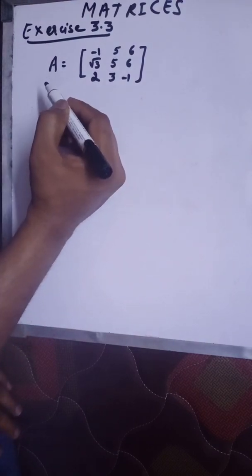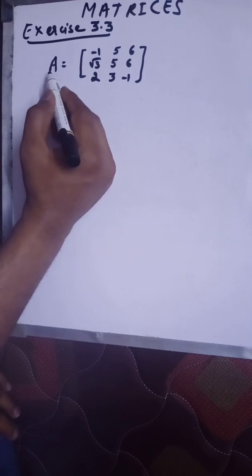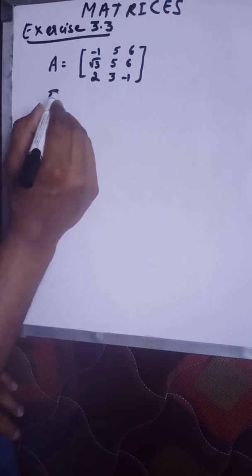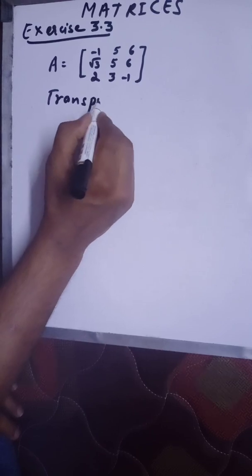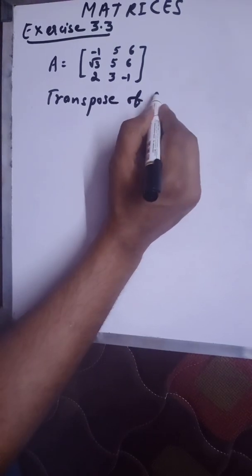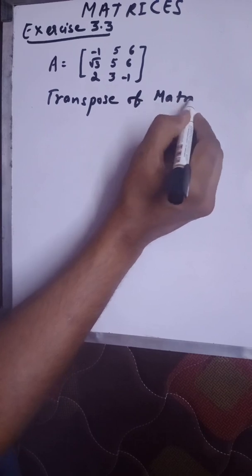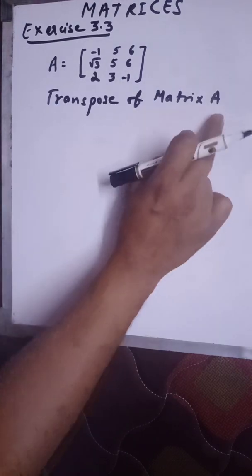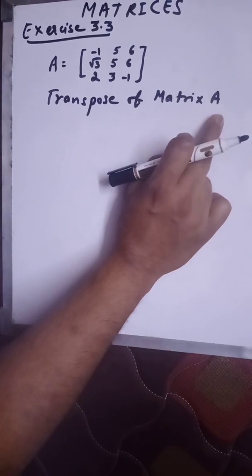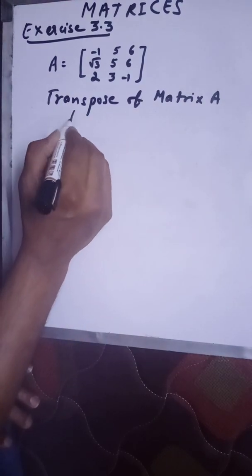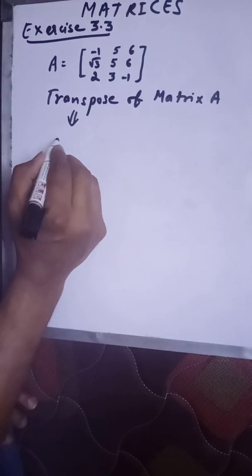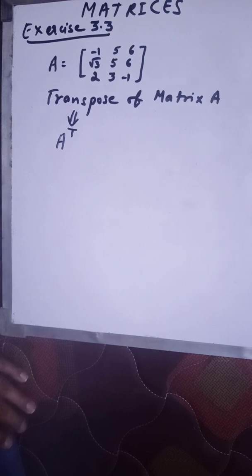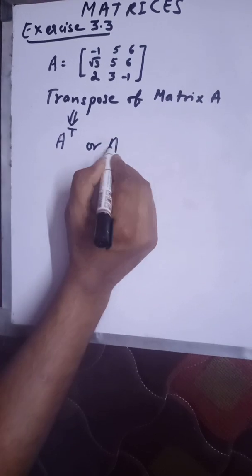So first of all, suppose A is a matrix, any matrix, and we have to find out the transpose of matrix A. Transpose can be represented by A with the power T, or A dash.